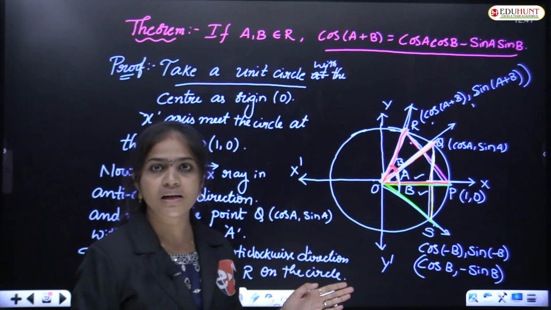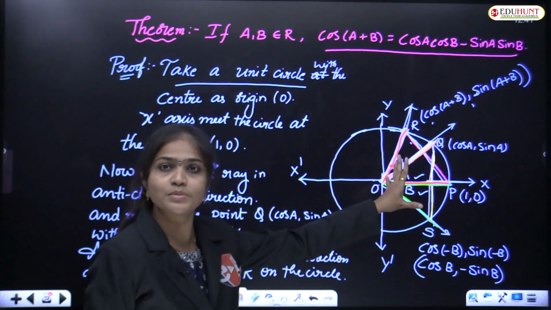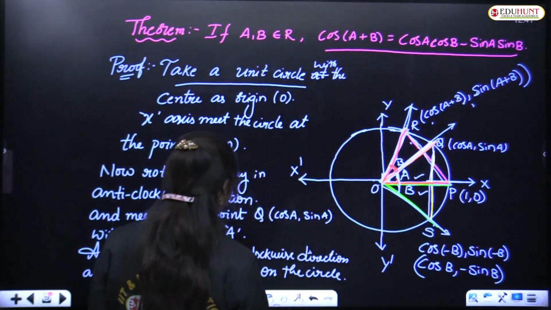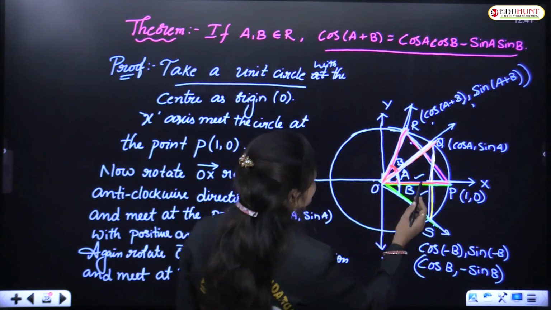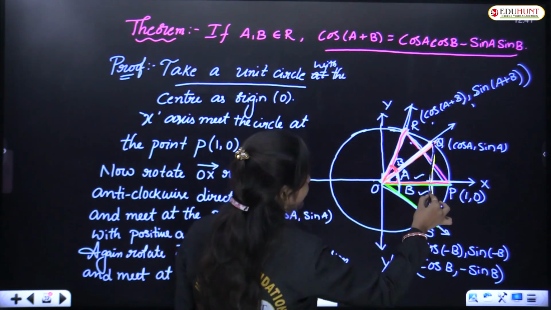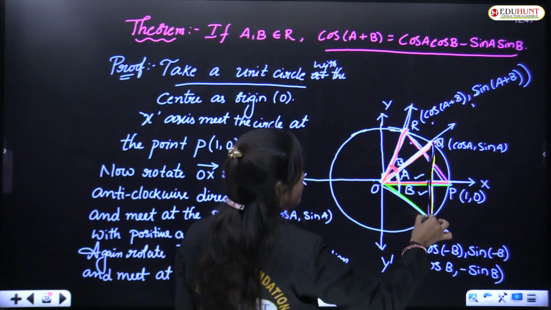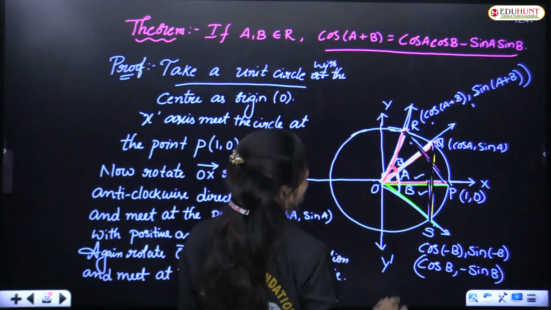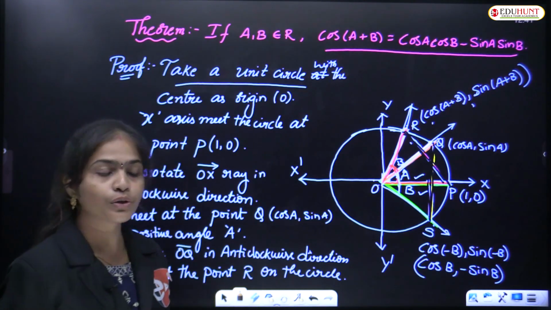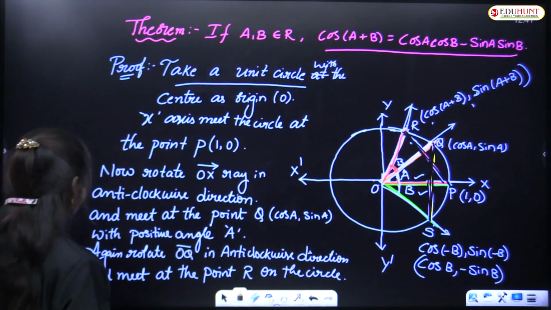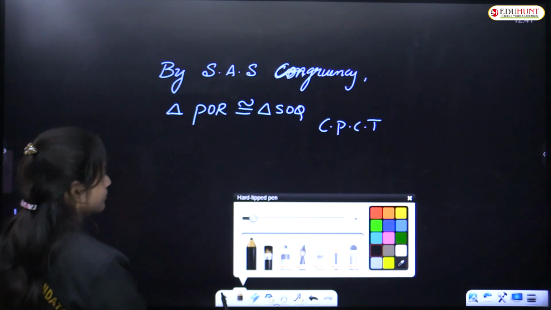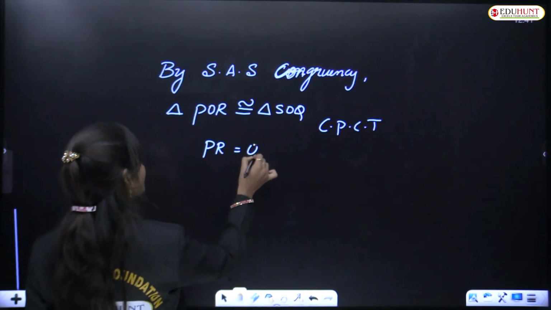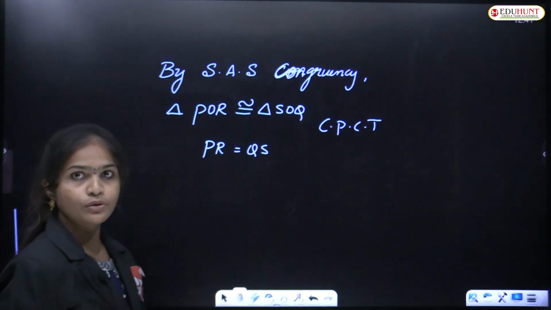So what is the third side here? This is QS. QS is one of the sides, that is equal to RP. So PR is equal to QS. So by CPCT, we can say that PR is equal to QS.